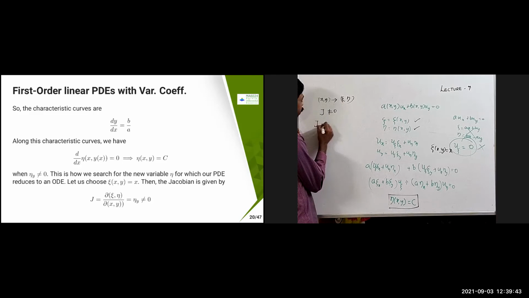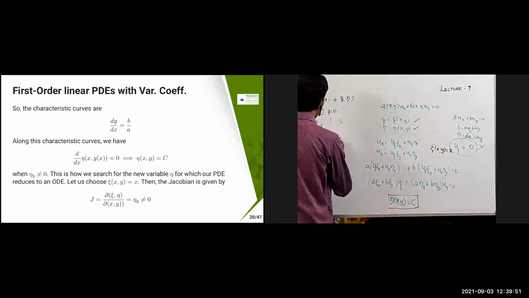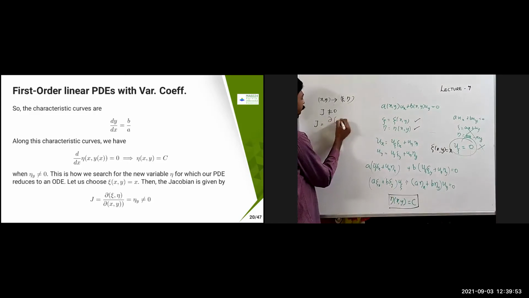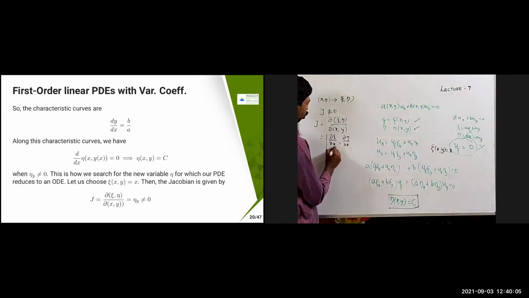What is the Jacobian? The Jacobian is nothing but the determinant of dou chi by dou eta. Or I can write it this way: dou chi comma eta divided by dou x comma y. So what is this? This is the determinant of dou chi by dou x, dou eta by dou x, dou chi by dou y, and dou eta by dou y.